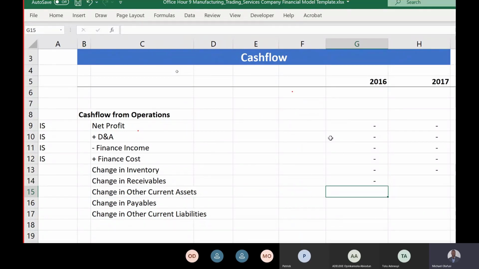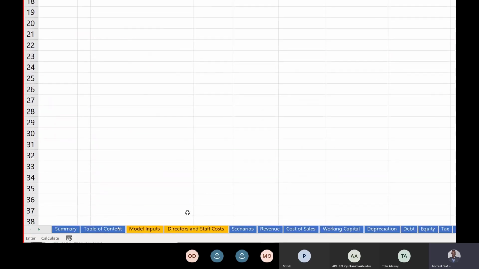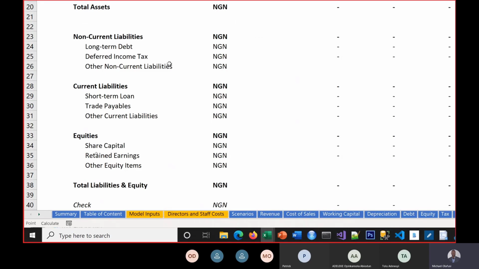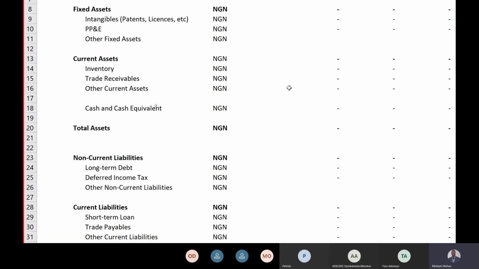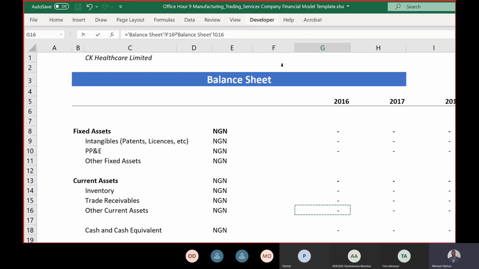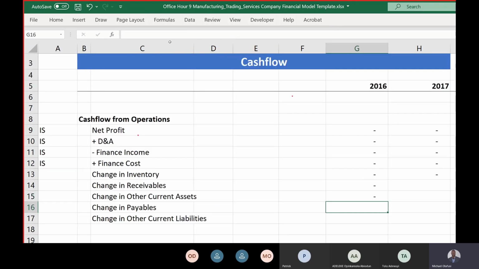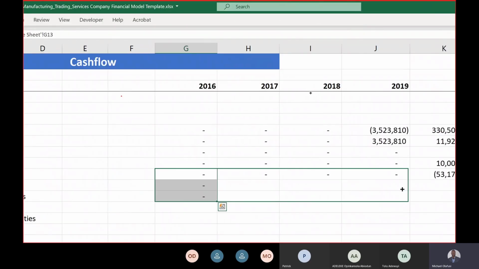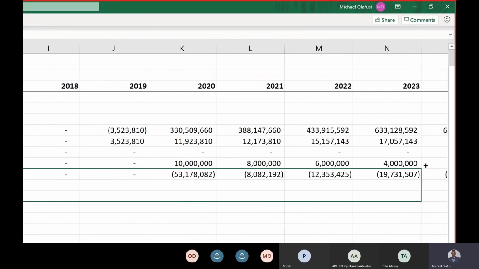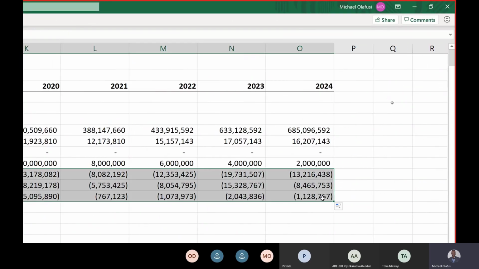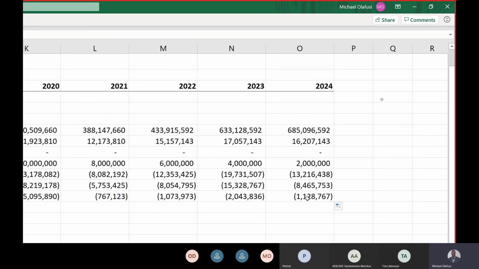So let's do for other current assets. It's going to be a similar pattern. So I go here, other current assets, again, last year minus this year. So if you look at the formula again, F, which is last year, minus G, which is this year. Right. So all of the asset side of the working capital, let's drag. Right. So that is done.